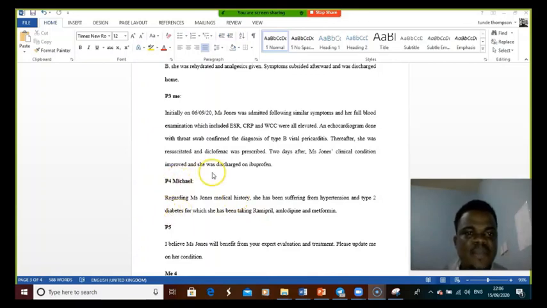So, Michael posted this: regarding Miss Jones' medical history, she has been suffering from hypertension and type 2 diabetes, for which she has been taking ramipril, amlodipine, and metformin. Ramipril should be in small letter. Do you have any question or any criticism, anything you want to say about this paragraph 4?